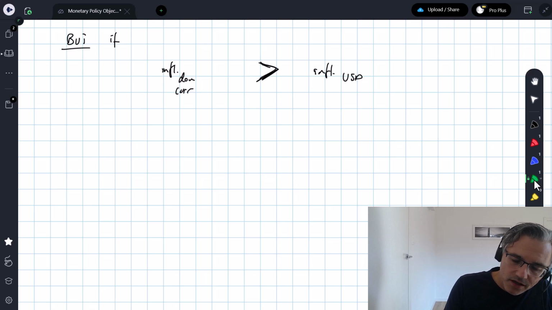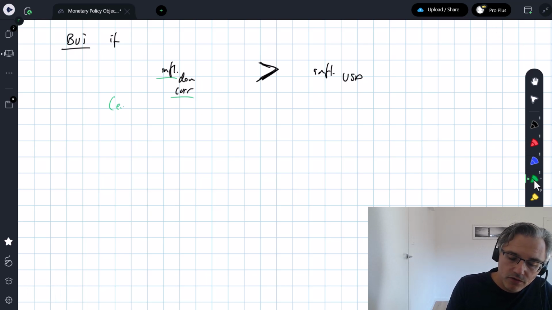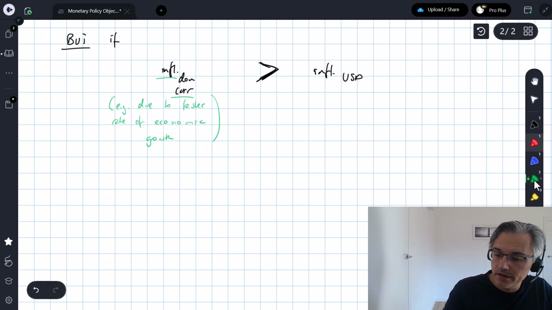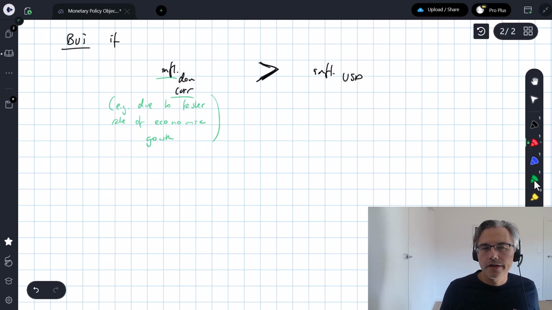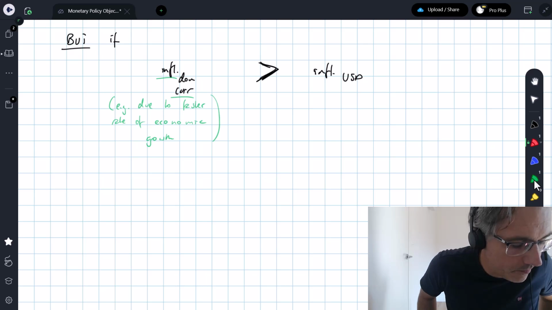And let's just say why the domestic currency's inflation rate could be higher than the USD's. This could, for example, be due to a faster rate of growth. In an economy that is developing faster, inflation will typically be higher, resources are becoming scarce, etc., right?